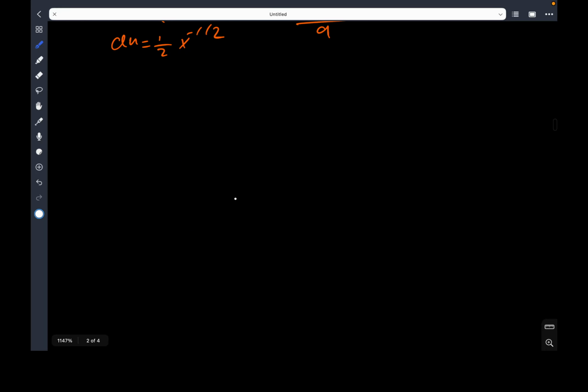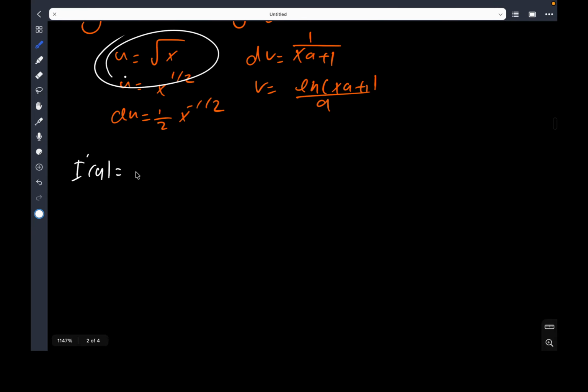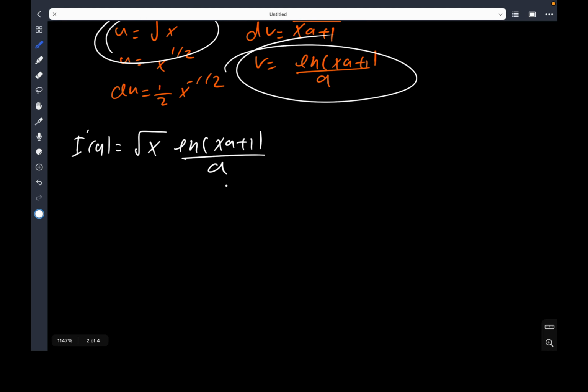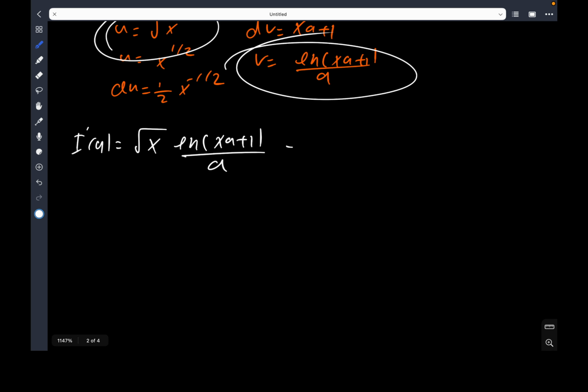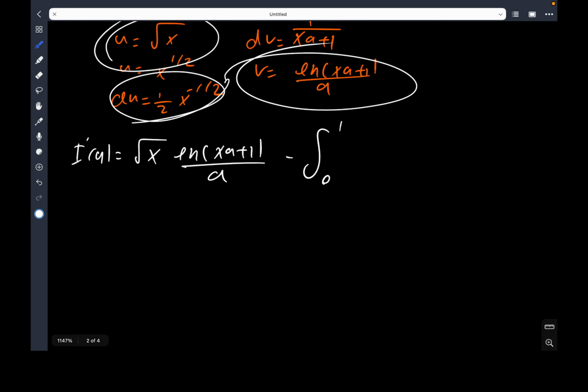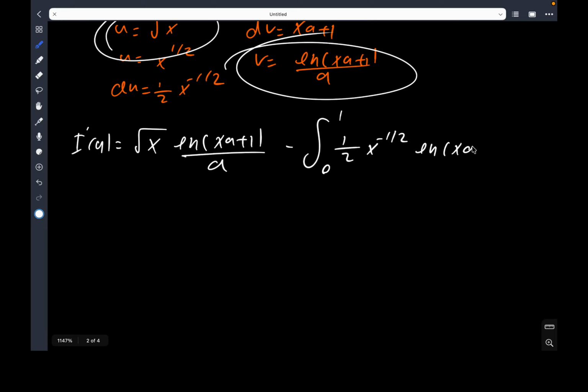So doing this would give me u, root x, times v, this one, ln of xa plus 1 over a, minus the integral from 0 to 1 of du, half x to the negative half, times v, ln of xa plus 1 over a, dx.